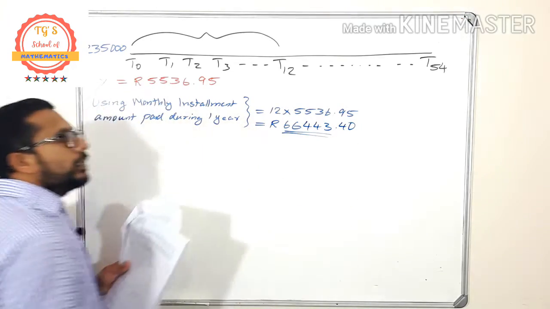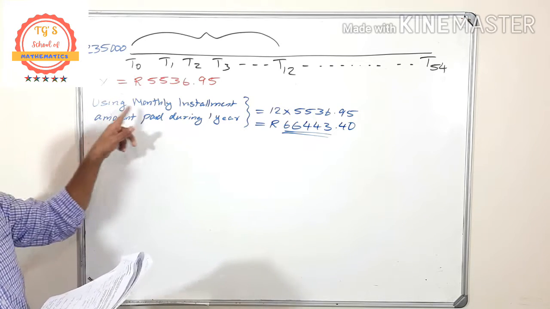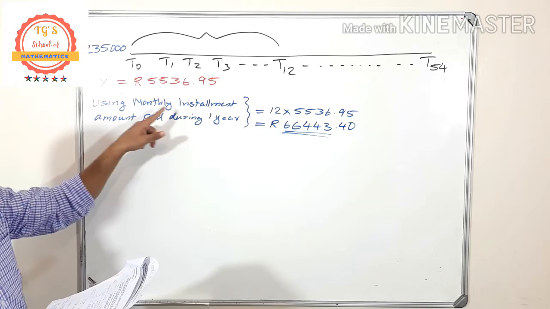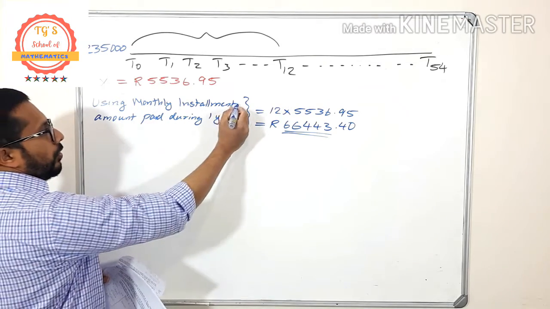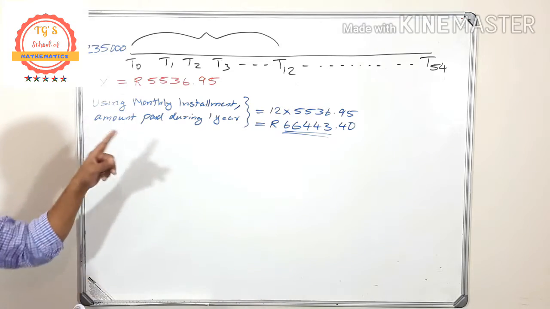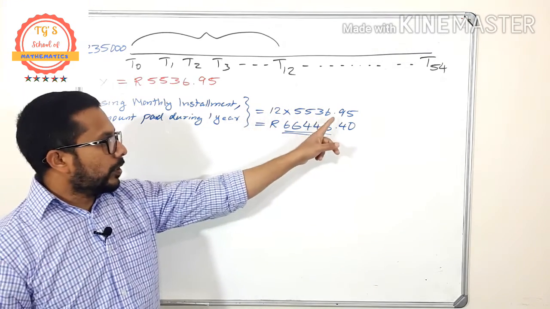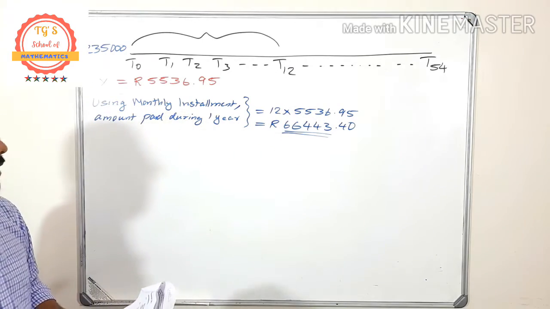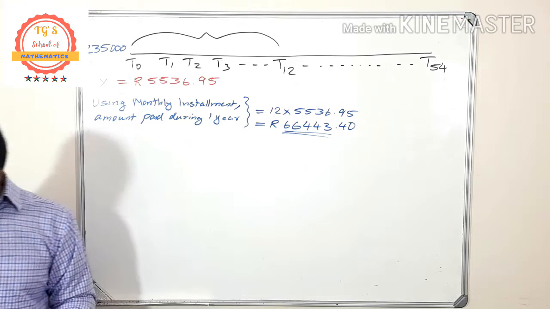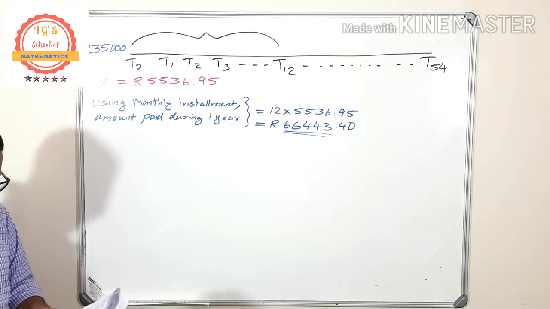So that is the amount paid during 1 year, using monthly installment. It is 12 times monthly installment, that is total 66,443. Okay.